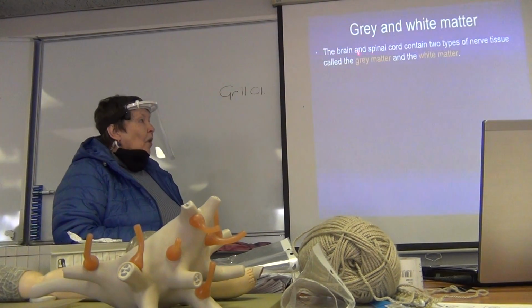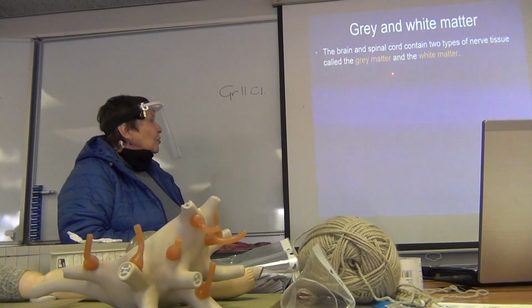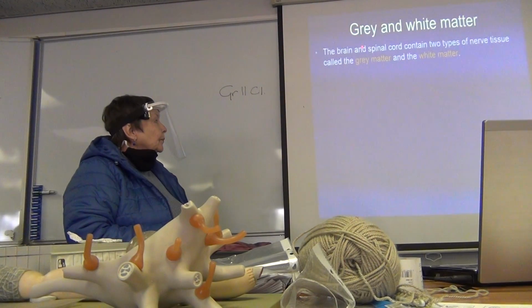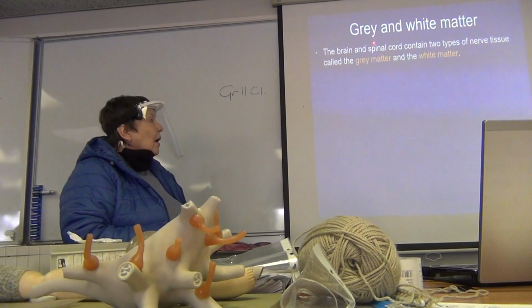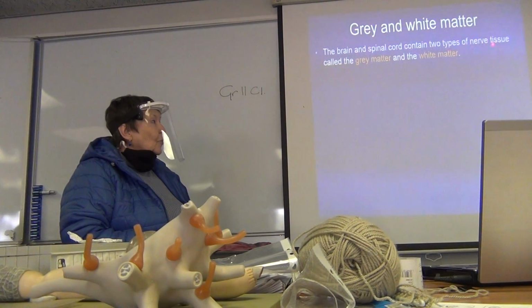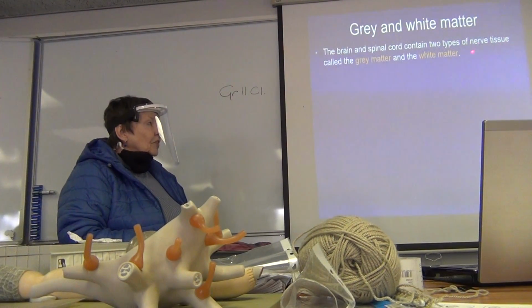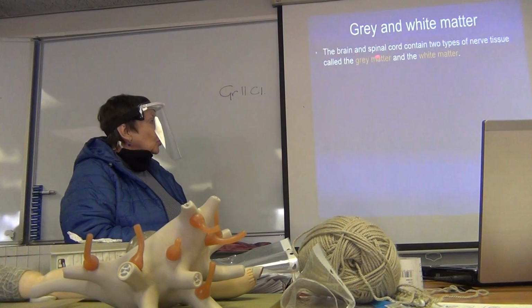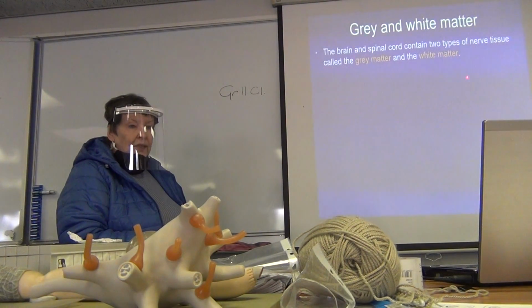Okay, let's talk about grey and white matter, and this is important for you to understand, so you better listen. The brain and the spinal cord contain two different colours of nerve tissue, two different regions always, referred to as the grey matter and the white matter.